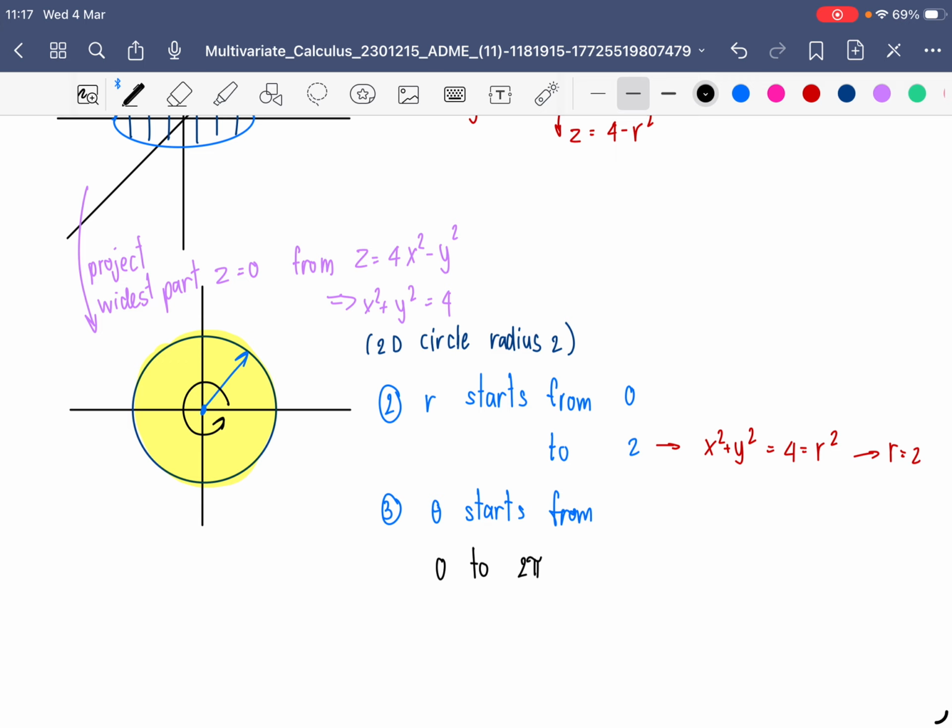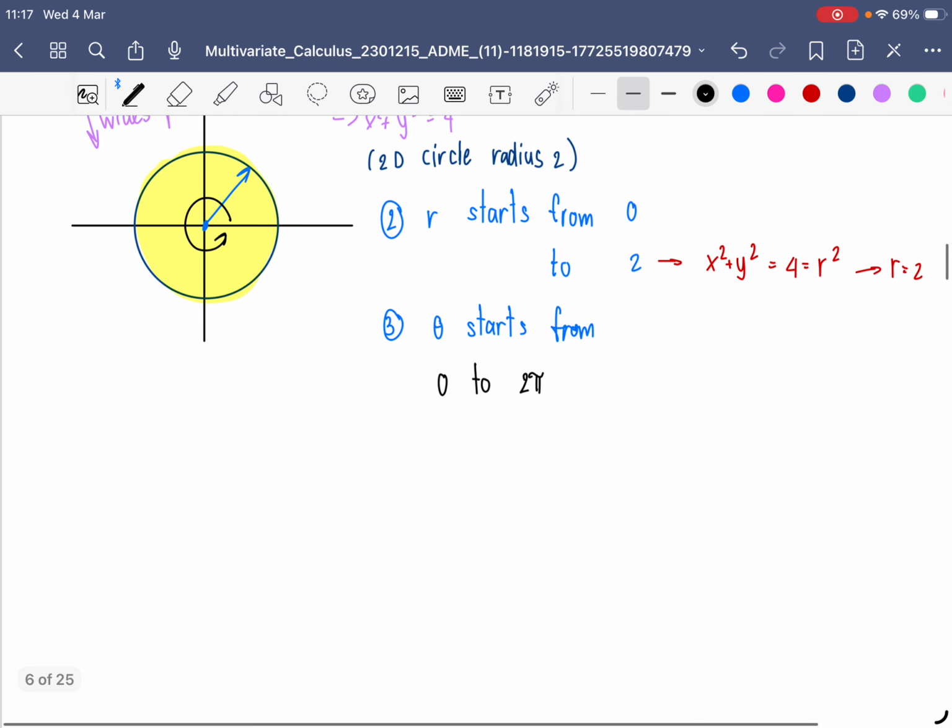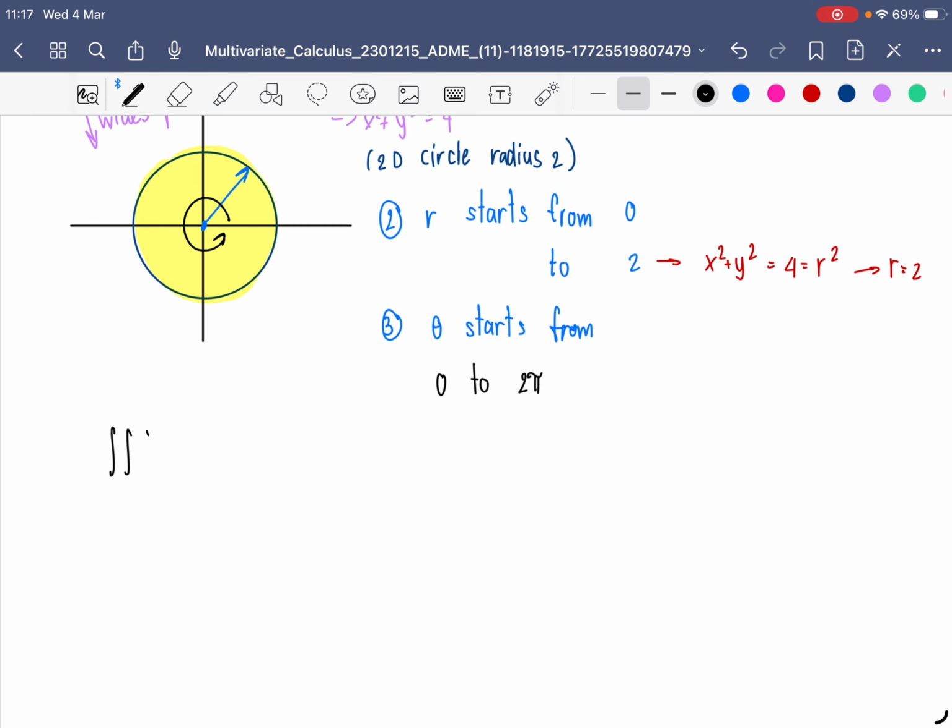So all in all, I'm going to change this into the triple integral in terms of z, r, and theta.